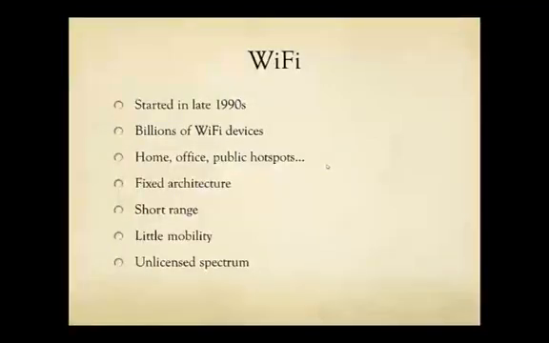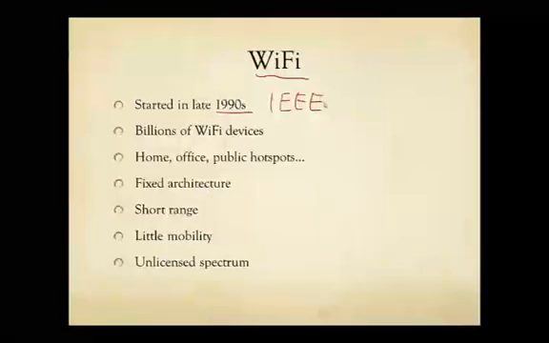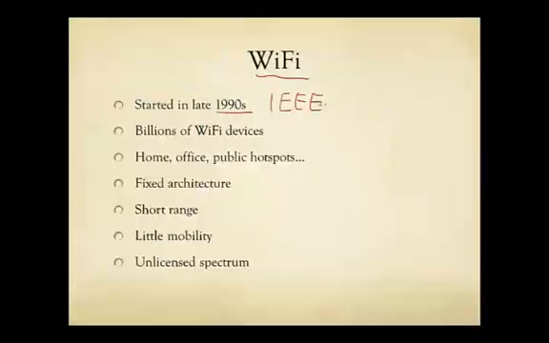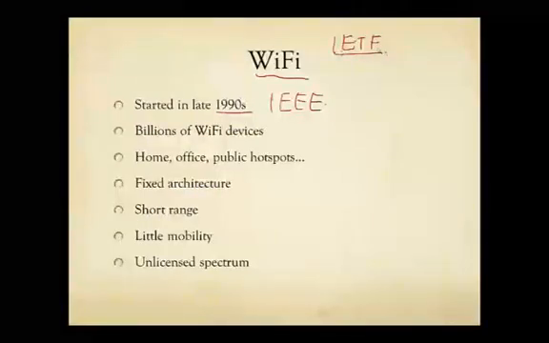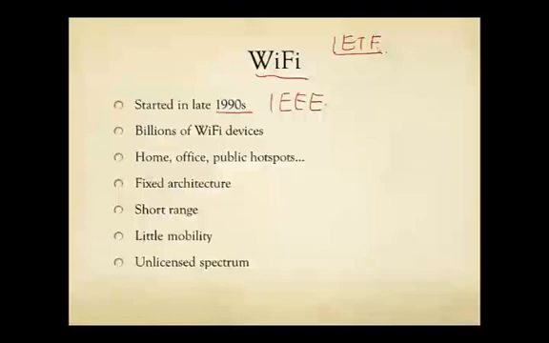In order to get into the more complete answer, we have to look at a little bit of the history of Wi-Fi. Now, Wi-Fi started in the mid to late 90s in the standardization body by IEEE. Now, you have seen quite a few different standardization bodies names, such as IETF, mostly for internet type of standards.